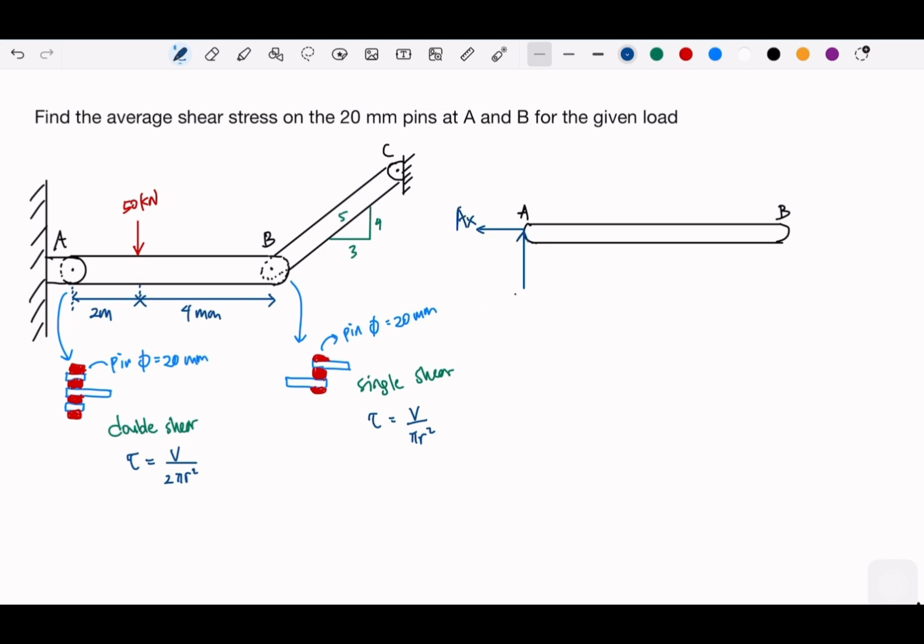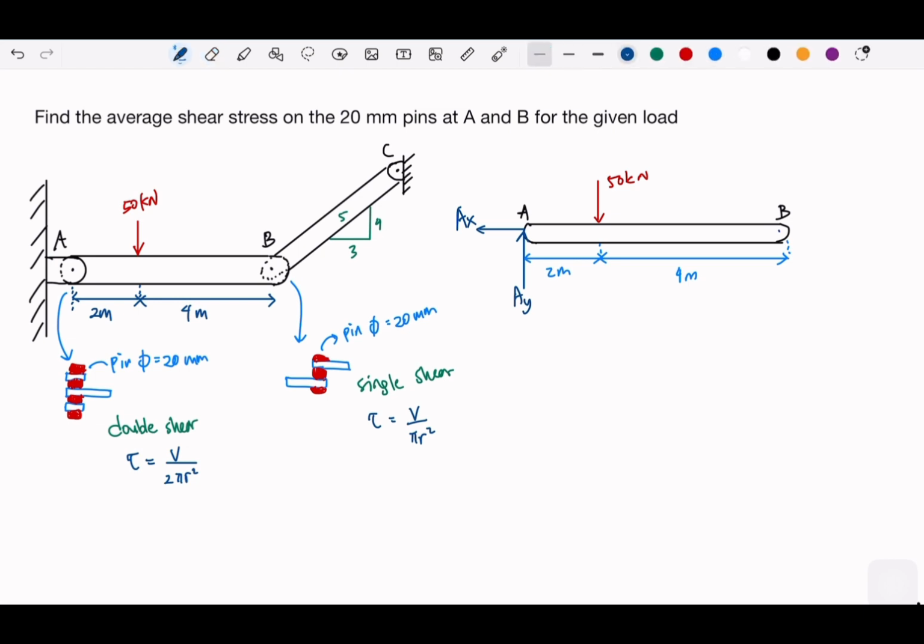So let's say this is going to be AX and AY. This will be 50 kilonewton. And here is 2 meter, and that will be 4 meter.